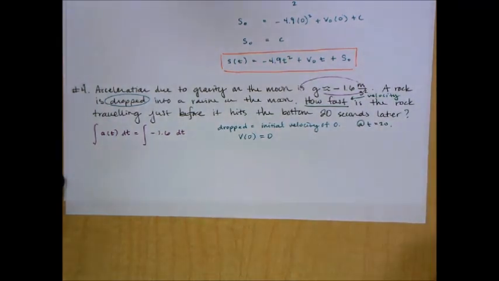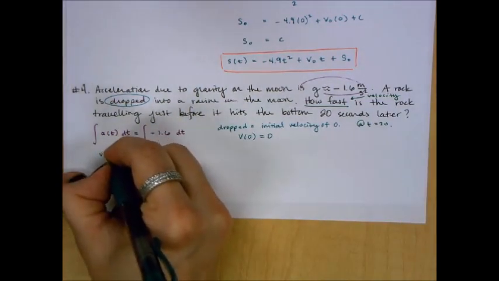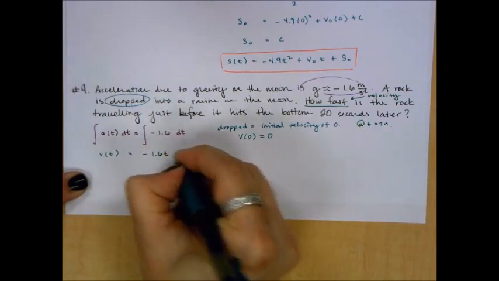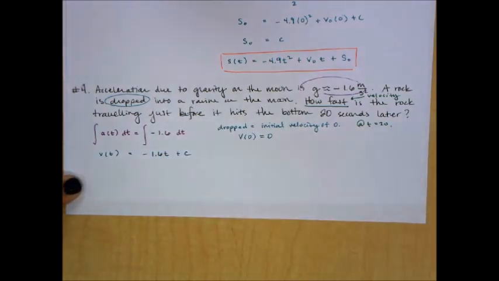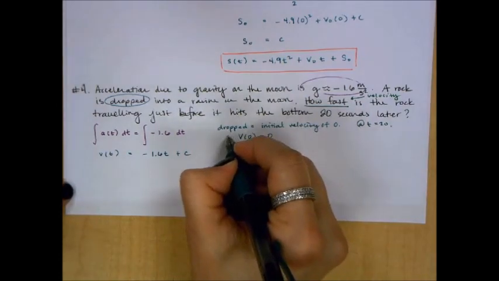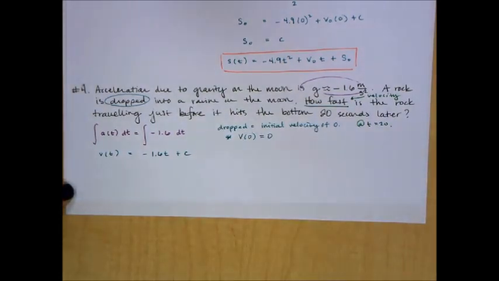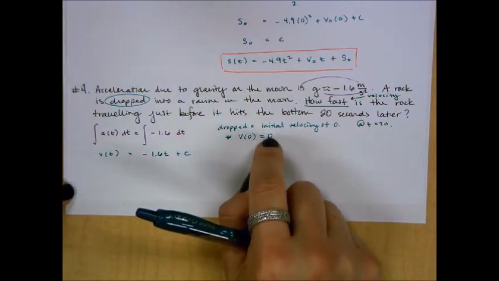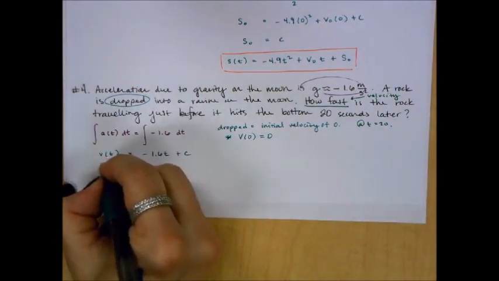We get v of t is equal to negative 1.6t plus c. So now we use our initial condition here, v of 0 equals 0. So when t is 0, v equals 0. So v is 0 when t is 0.